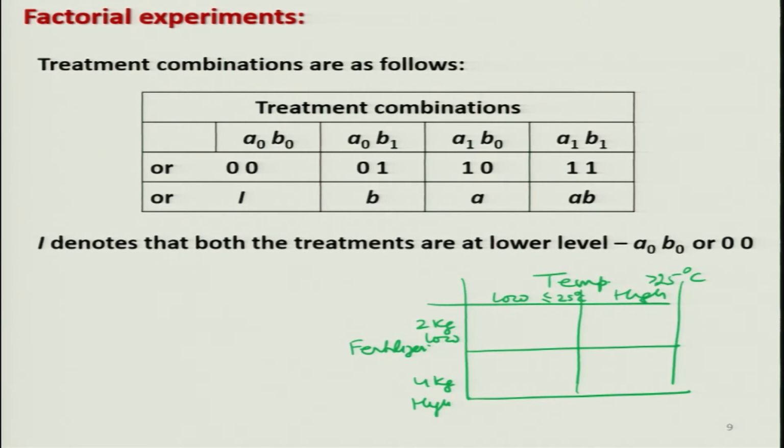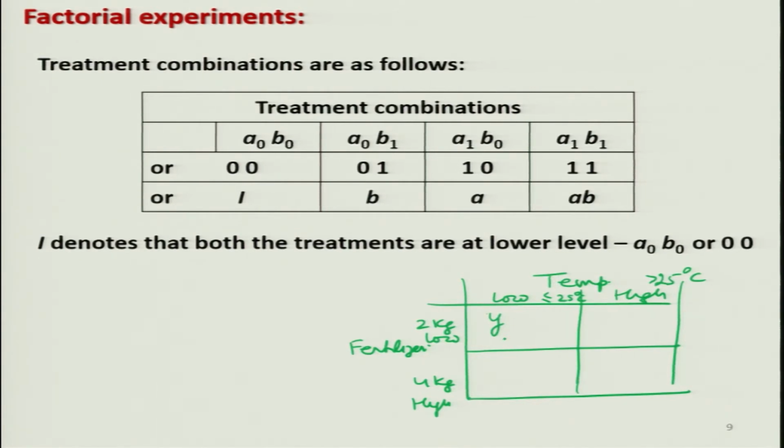What are you going to do? You will fix the temperature in the category of low temperature, less than 25, and you will use 2 kilogram of fertilizer, and whatever value of yield you get at this temperature with this fertilizer is going to be represented here by this, right.